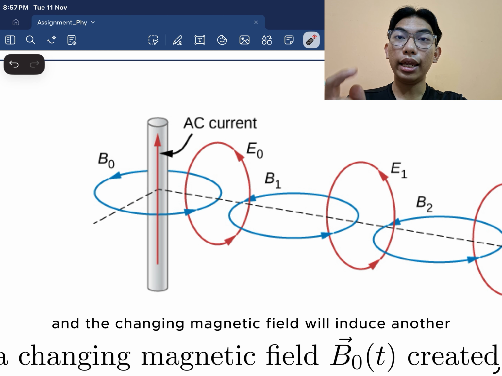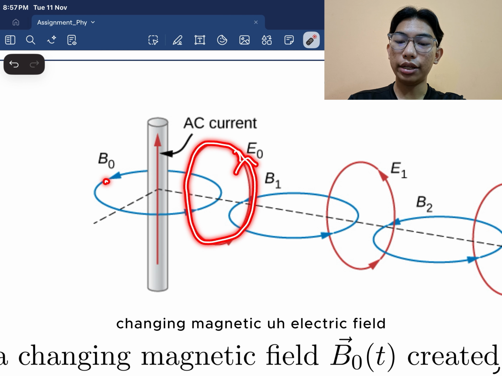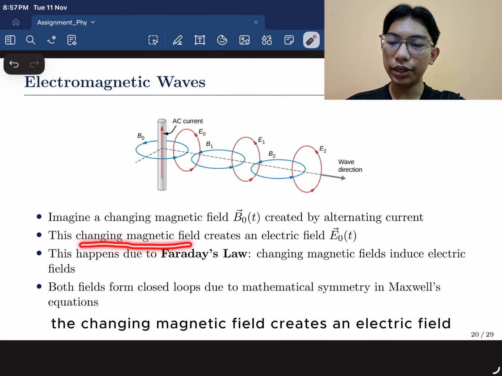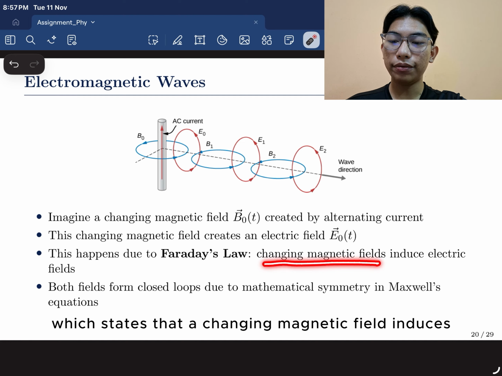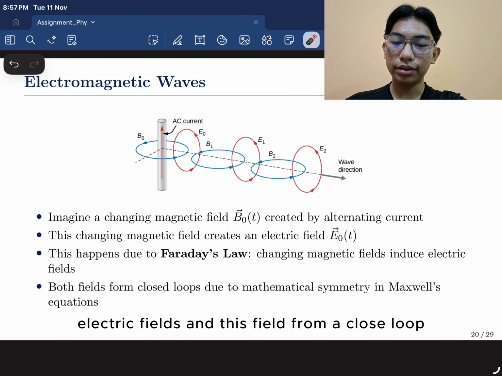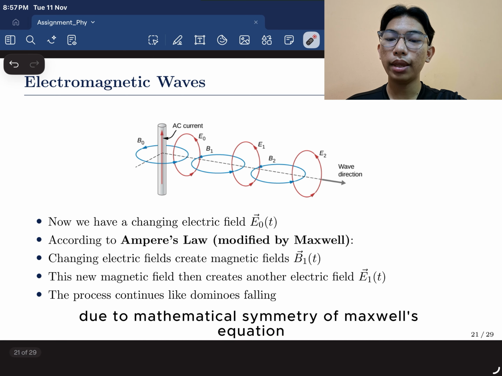And the changing magnetic field will induce another changing electric field. The changing magnetic field creates an electric field E naught. This is due to Faraday's law, which states that a changing magnetic field induces electric fields, and this field forms a closed loop due to the mathematical symmetry of Maxwell's equations.